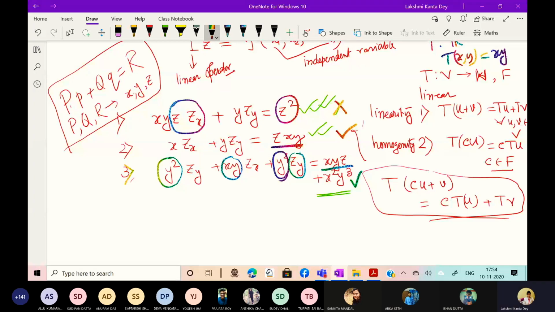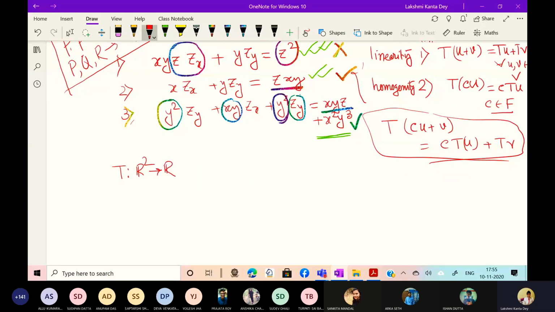Should I explain why, if it is coming as a product, it cannot be linear? Then I think it will be clear to everybody. Let me explain this thing. Suppose your definition is T of x, y equals xy.